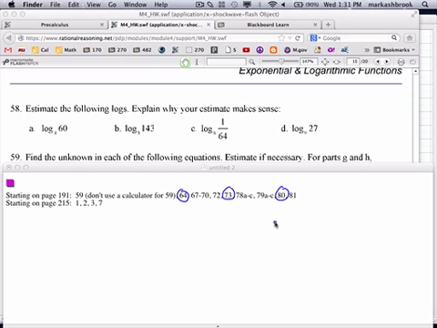Last chance. Get your nomination in. 78. Was there another one? 69.